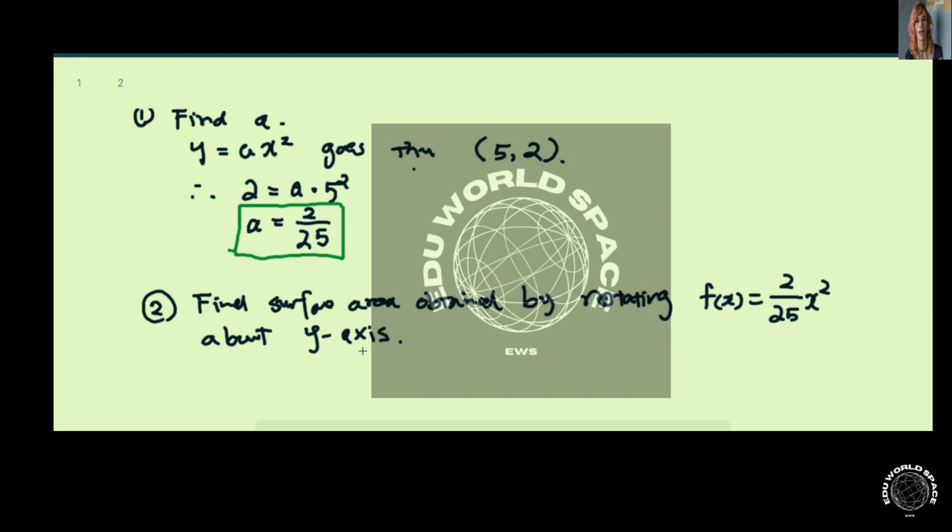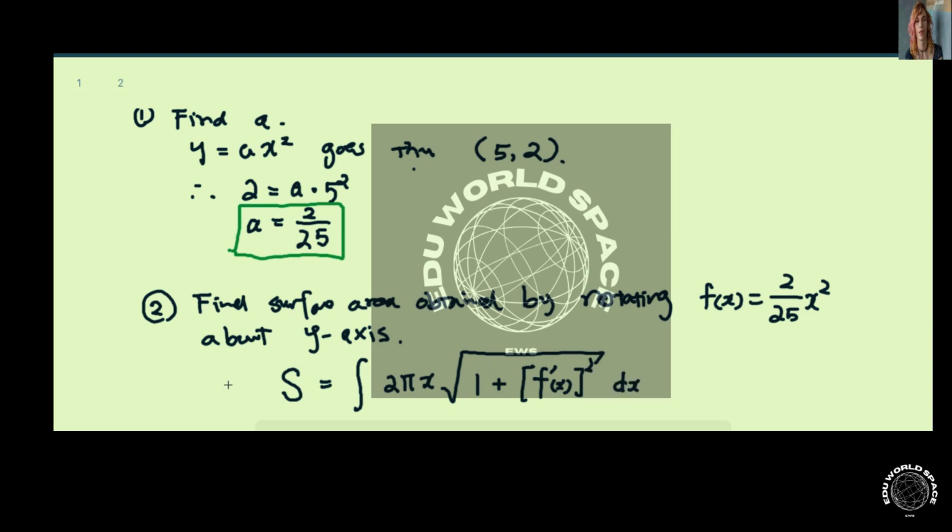Now remember, the formula we learned in this section says surface area, big S, equals the integral of 2 pi x times the square root of 1 plus the derivative of the curve, f prime of x, squared, dx.